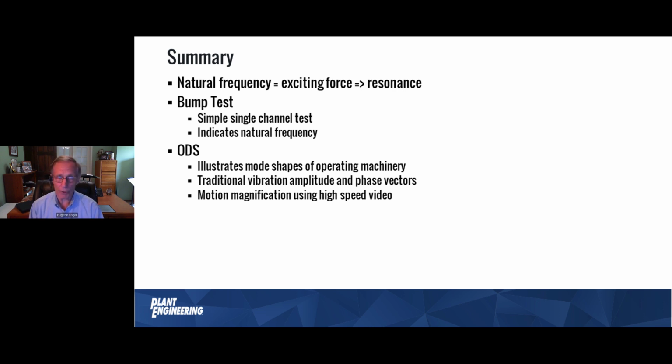And you can do that either with vibration transducers and some way of getting phase, either a reference pulse pickup, or if you have a multi-channel analyzer, a reference vibration pickup, but you need both amplitude and phase.